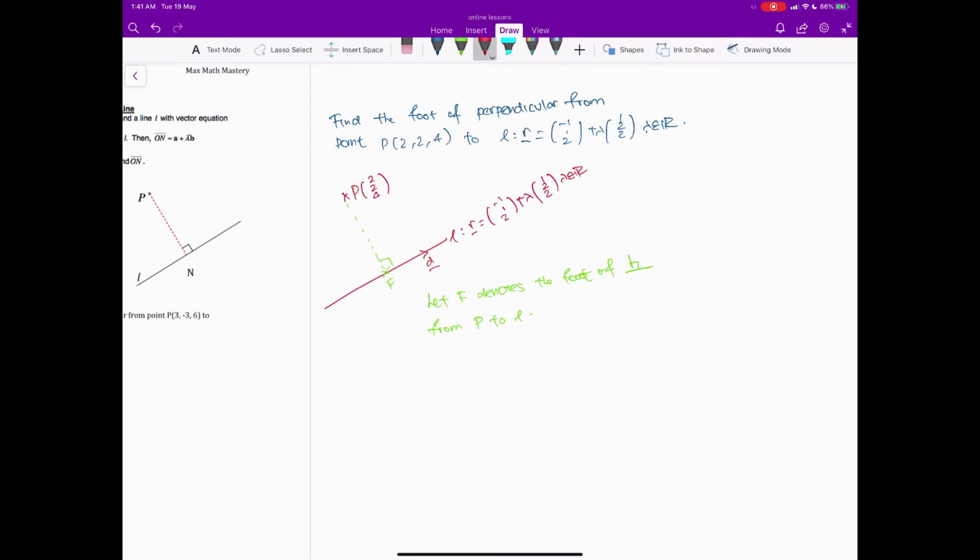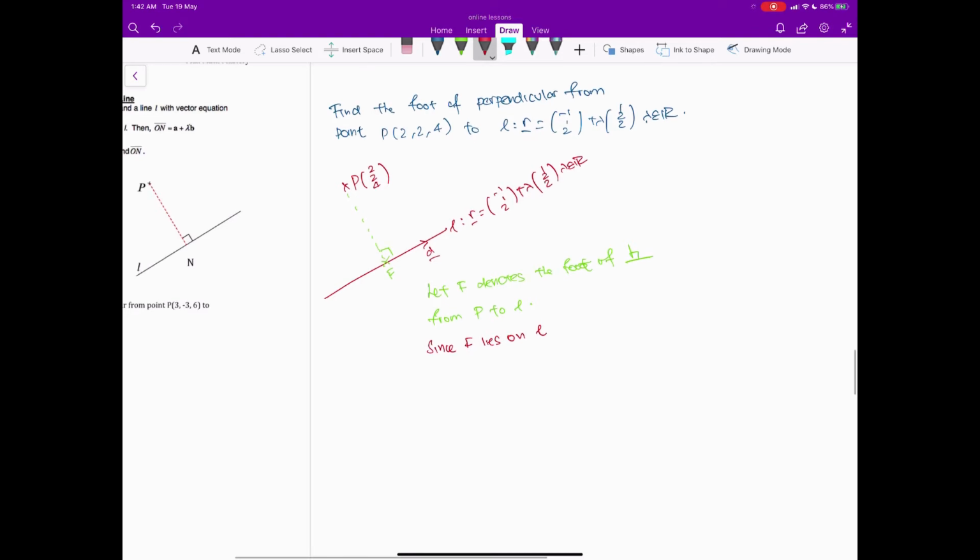So since F lies on the line, F will fit the criteria of r, and I can say that OF will essentially be equal to (-1 + lambda, 1 + 2 lambda, 2 + 2 lambda), for some lambda is a real number.